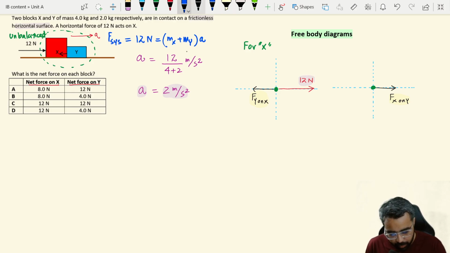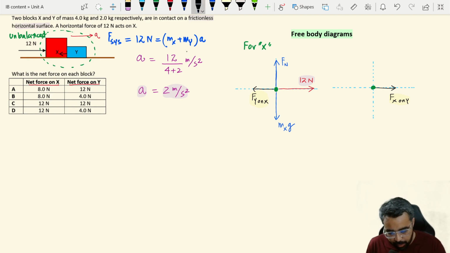Now, what are the other forces exerted on x? They must be the normal force and an equal amount of weight, that I can say mxg. There's no other force.